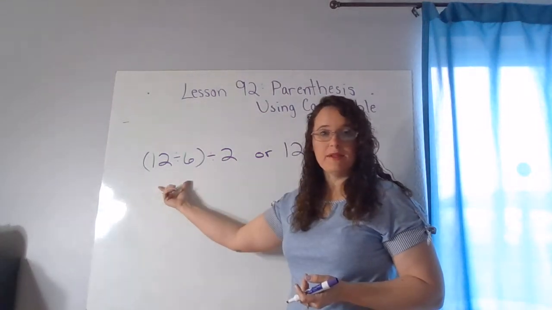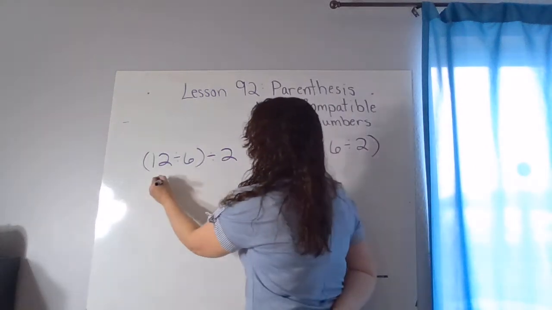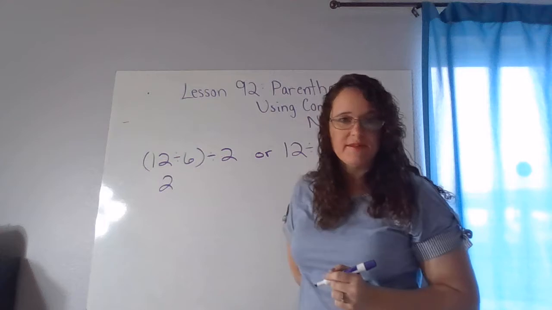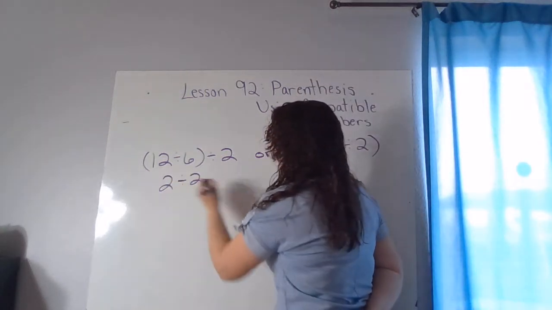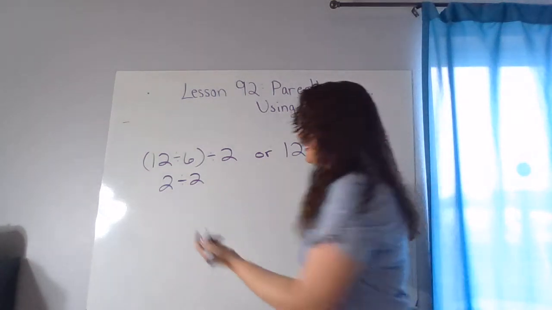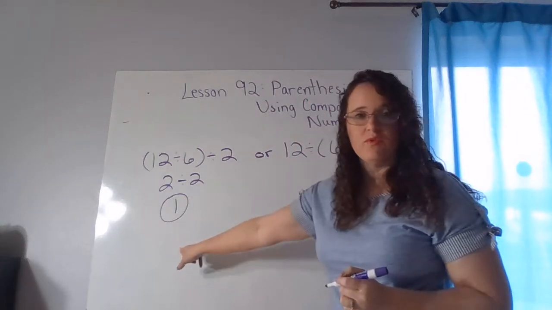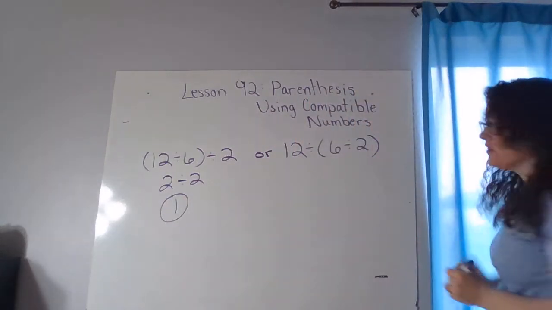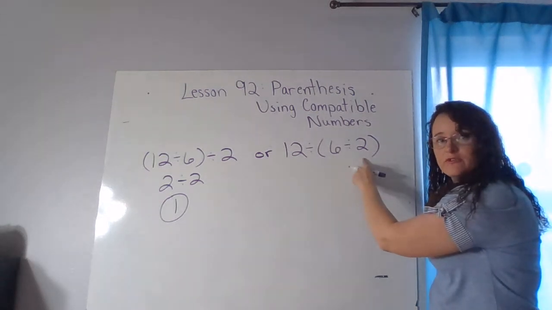So in this problem, we're supposed to do 12 divided by 6 first. 12 divided by 6 is 2, and then we divide that by 2. 2 divided by 2 is 1. So we're looking at an answer of 1, or over here, they want us to do the 6 divided by 2 first.